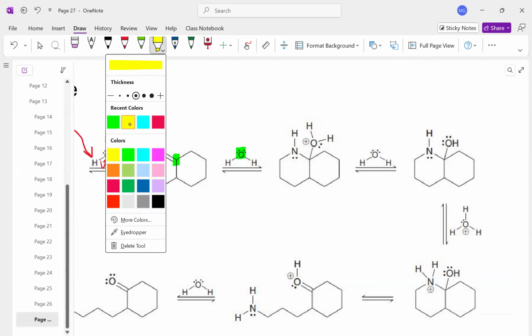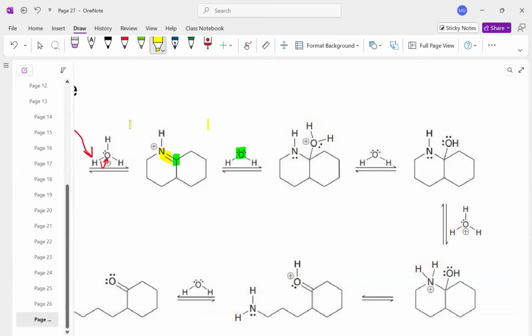And this pi bond is no longer there, and now there's a lone pair on that nitrogen. So let's draw a couple of arrows that will demonstrate this. This oxygen is going to form a bond to that carbon, and I move those pi electrons back to the nitrogen.